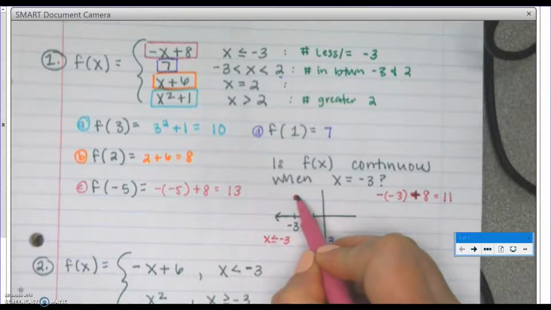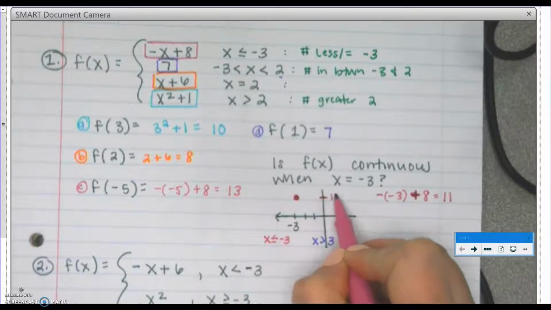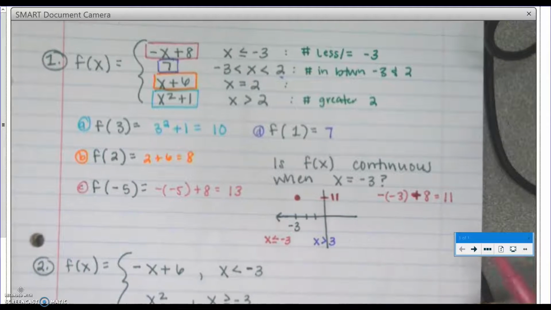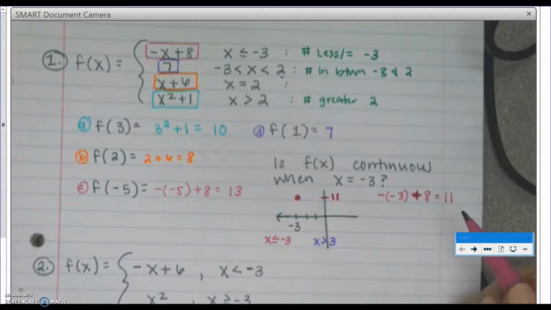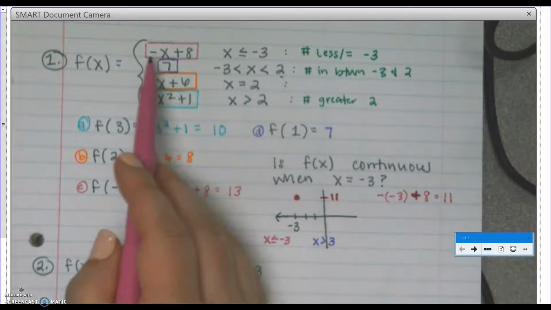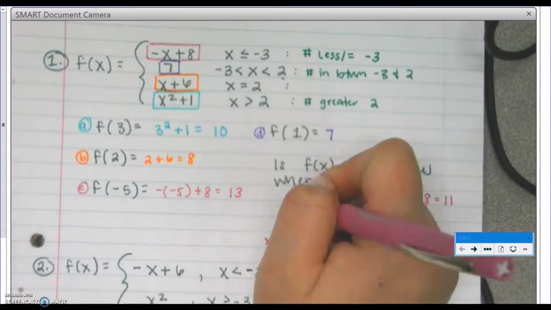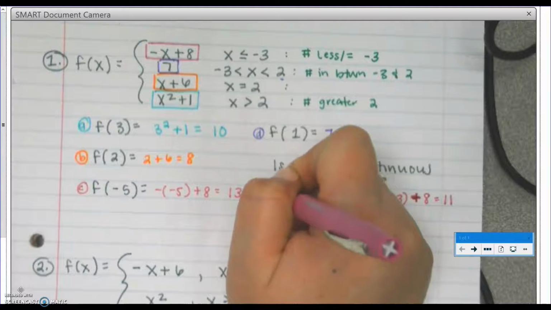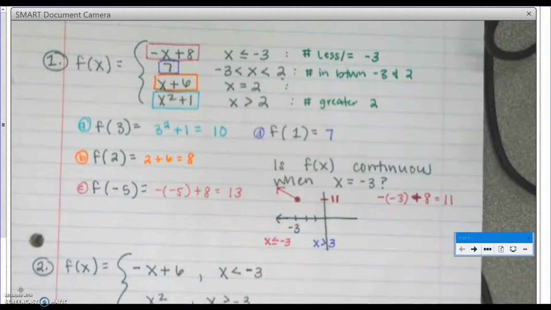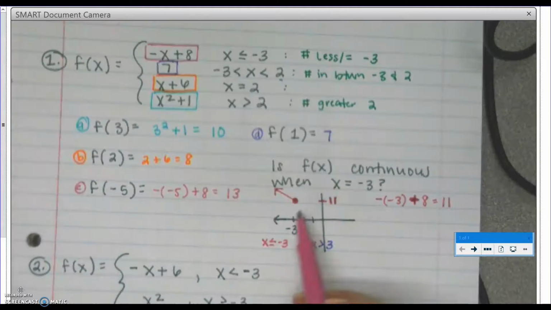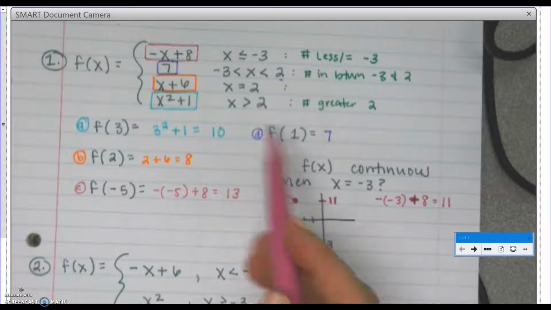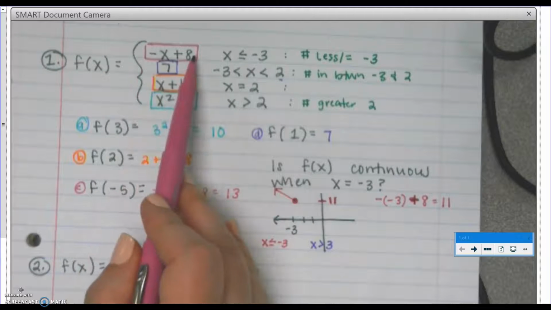My graph is obviously not going to be very much to scale. And if you remember, like y equals mx plus b, this would be a line that had a negative slope. So I'm just going to kind of draw what I know that piece looks like. But the important part is that when I plugged in -3, I got 11. So that's where this piece stopped.